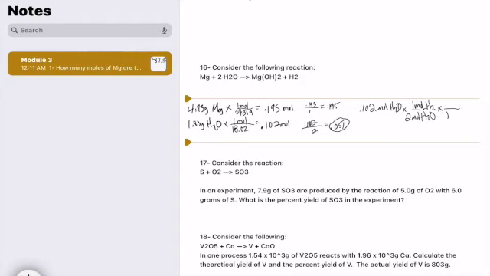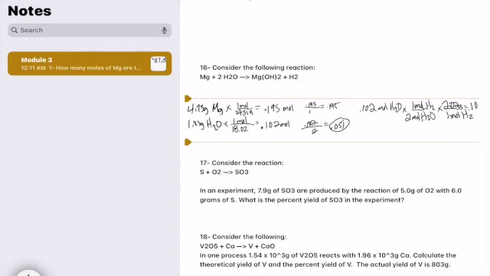I'm going to convert that, and I'm going to use my molar ratios. I needed 2 moles of H2O to produce 1 mole of H2 according to our balanced equation up there. I multiply that into grams. So there are 2.02 grams per 1 mole of H2. And this is going to give me how many grams of H2 are produced.